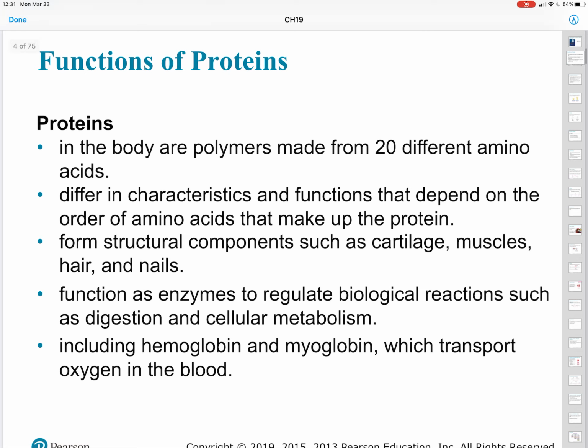So a protein is defined as having at least 20 amino acids linked together in a polymer. Their characteristics and function depend on the order of amino acids. So different orders will lead to different functions. There's a neat example. There's a three amino acid protein. It's called a tripeptide.